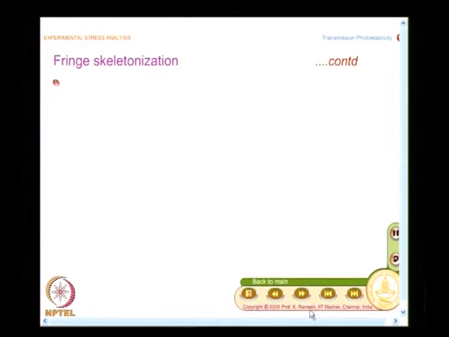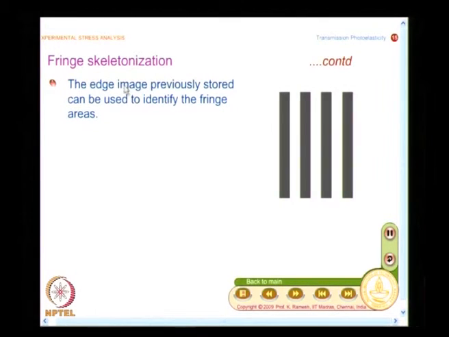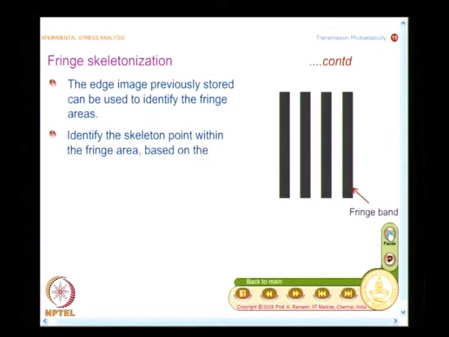Now, we will look at an intensity based algorithm, and what we call this as fringe skeletonization. And what is shown here is, we have already seen I can get a fringe areas identified by a simple process of thresholding, and I have that as an edge image which is previously stored. It can be used to identify the fringe areas.